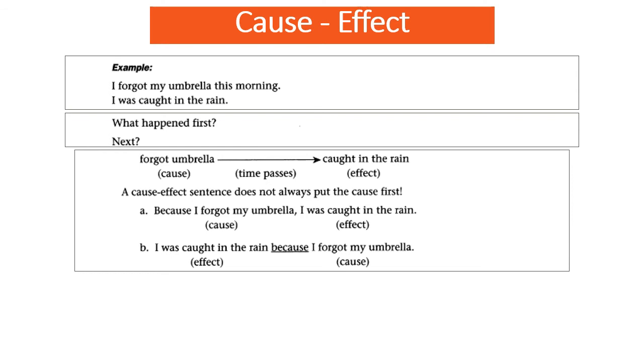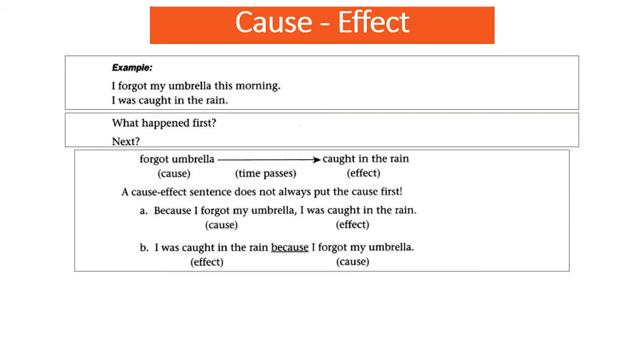So the cause of this situation is forgetting the umbrella, and after that time passes, the effect of forgetting the umbrella is that I was caught in the rain. So as you can see here, a cause-effect sentence does not always put the cause first.